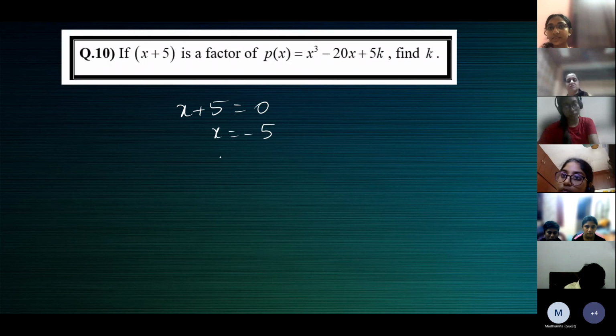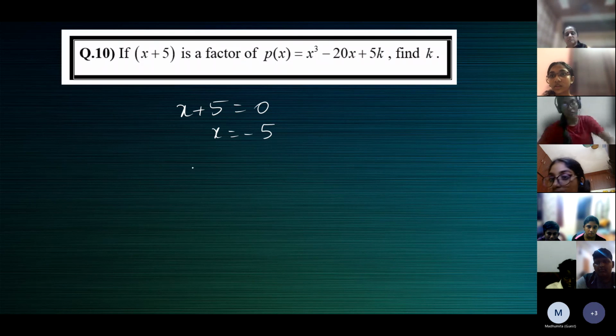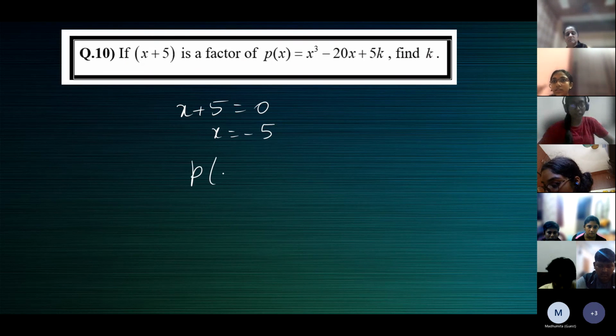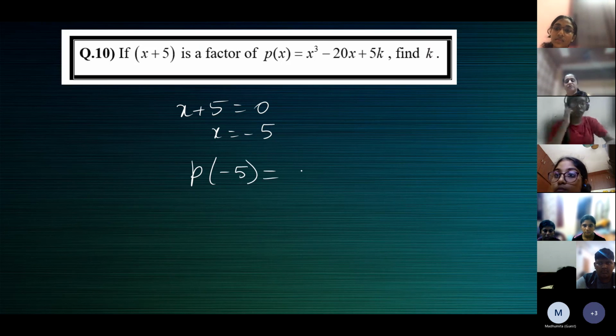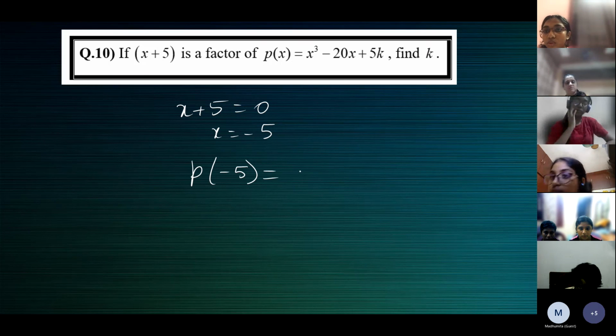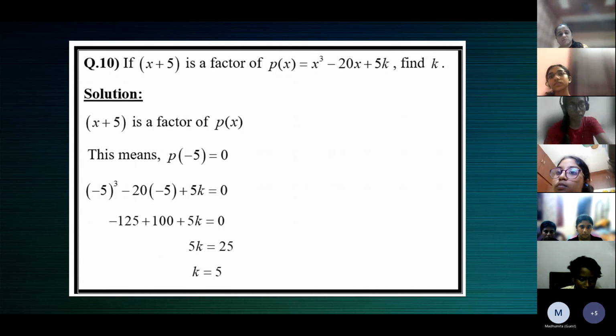Then what's the condition if it is a factor? P of x should be written as P of minus 5. P of minus 5 is equal to 0. You should work with this condition and get the value of k. Take a screenshot. Yes, ma'am.